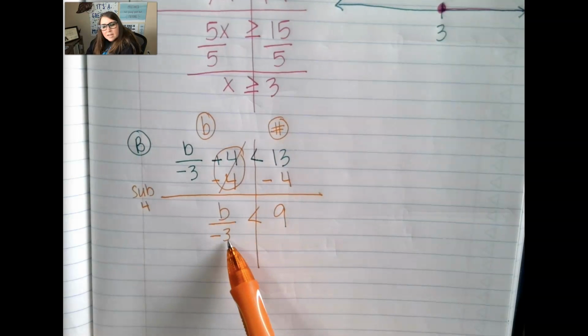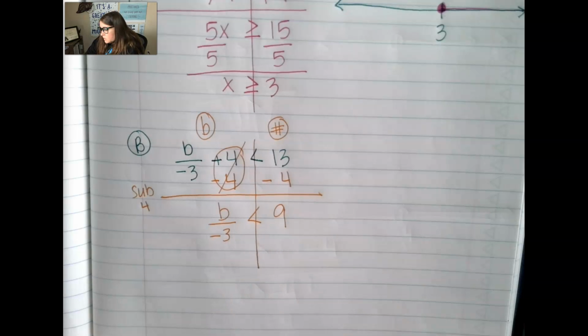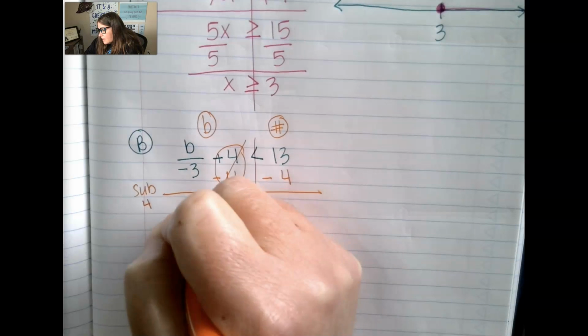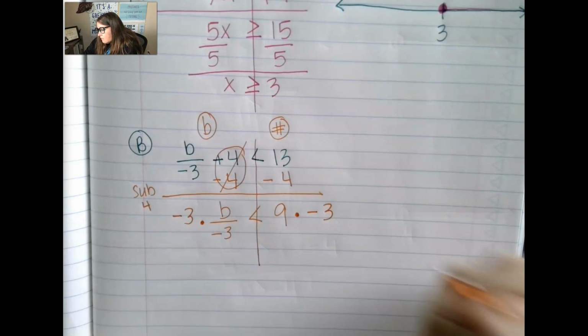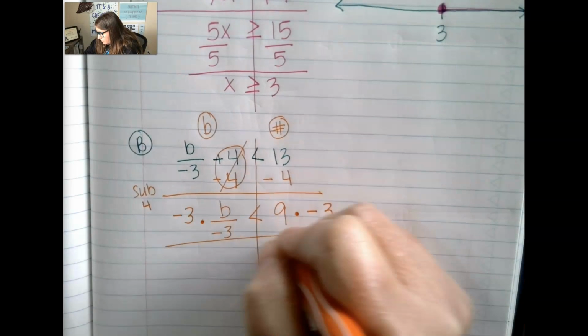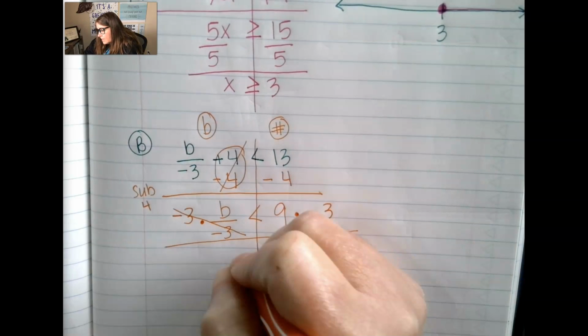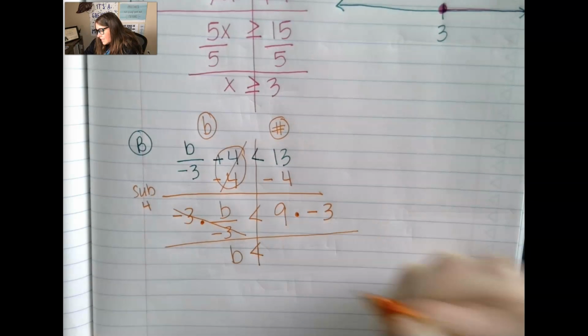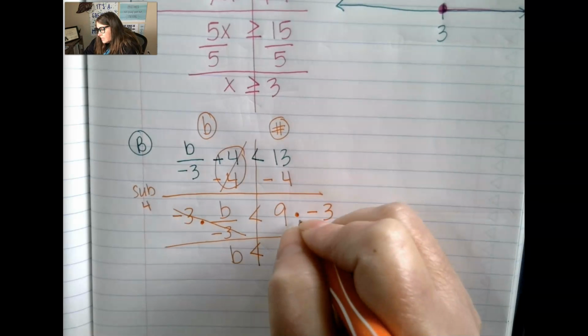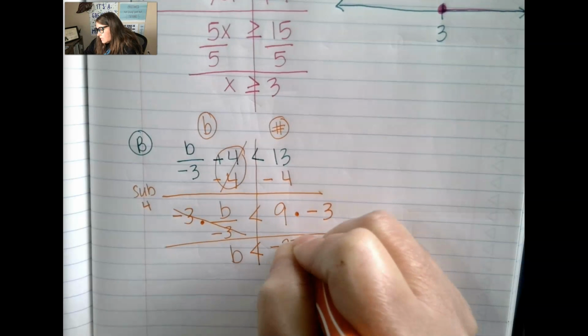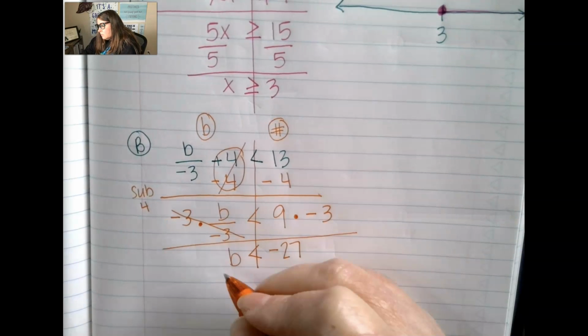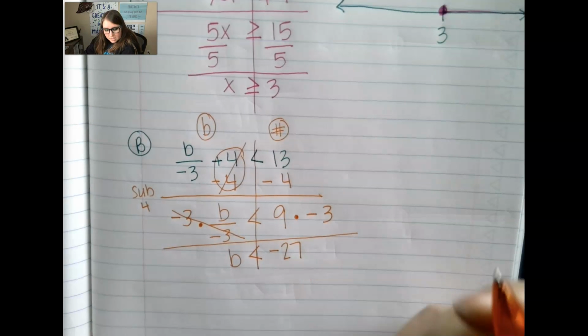Right now it's divided by -3, so the opposite of division is multiplication. So we multiply by -3 and multiply by -3. That goes away, and we're left with b is less than 9 times -3, which gives us -27. So b is less than -27.